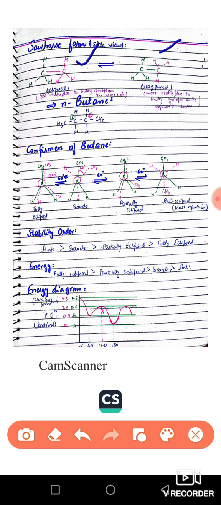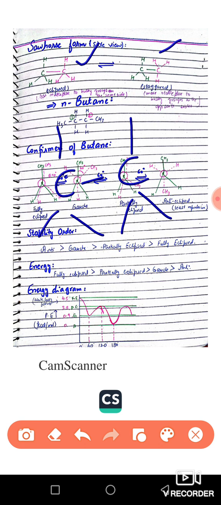In this staggered form, the ethane molecule is explained. In the Sawhorse form, you represent the C-C bond like this: the front carbon, and then the back carbon like this. It is just a way to represent your molecule.